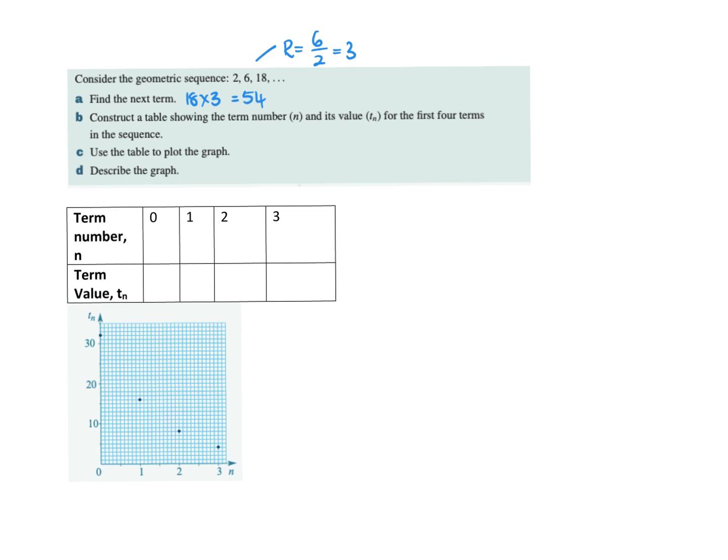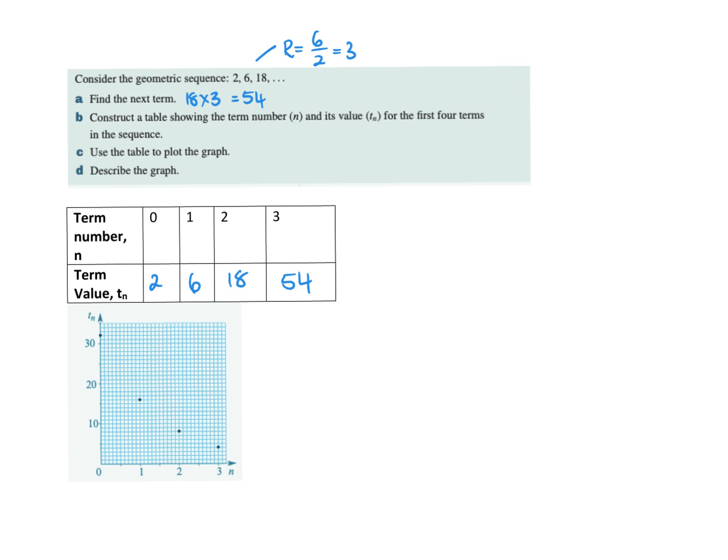Yeah. Then it said construct a table of the term number n and the value of that term for the first 4 terms. So term 0 was 2, term 1 was 6, term 2 was 18, and term 3 was 54.